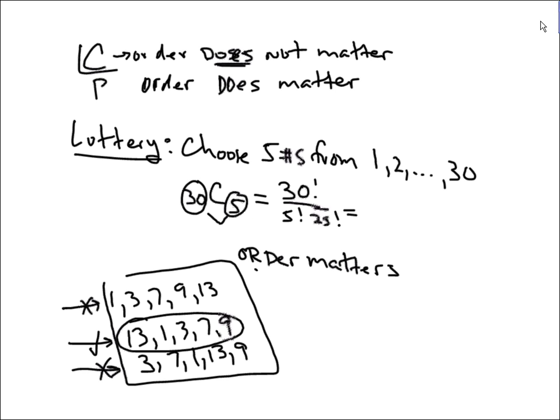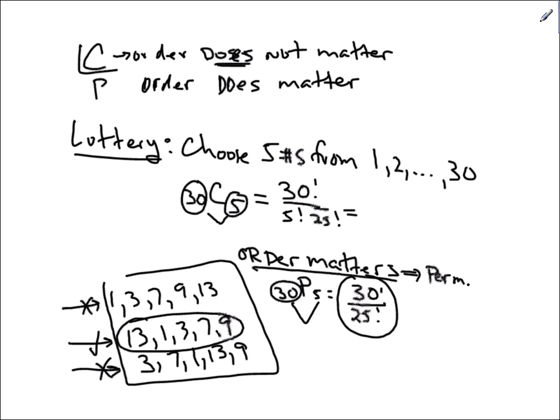Okay, now, if the order matters, that implies permutations. So from the 30, you want to permute 5 of them. And that's going to be the left number factorial on the top and the difference factorial on the bottom. This will be the number of different lottery tickets there would be if there are 30 numbers and a ticket only has 5, but the order matters.